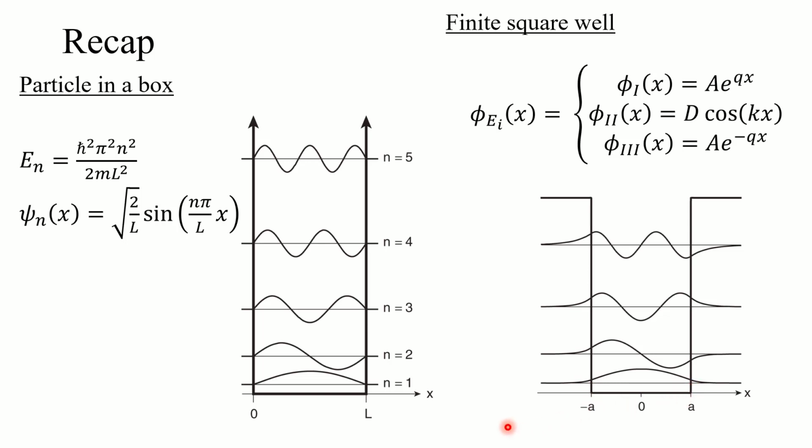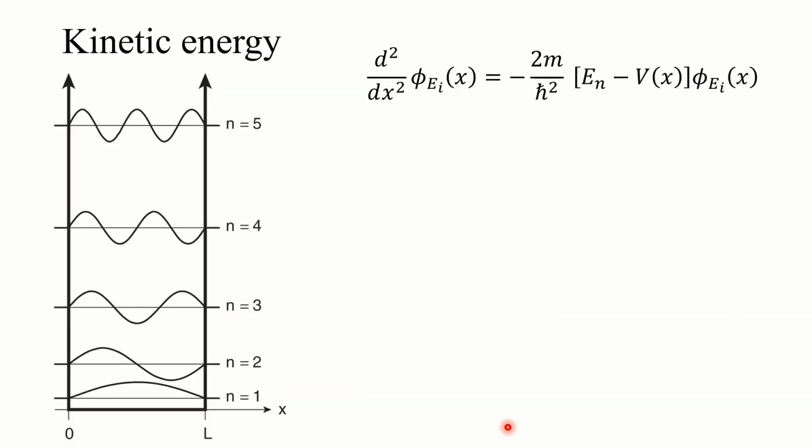Some of the things we can think about, though, if we want to think about kinetic energy, let's look at the infinite well case. We have these sinusoidal solutions increasing in energy as we go up. If we take that energy eigenvalue equation in the position basis and put just the second derivative with respect to position on the left-hand side, bring everything else to the right, we get this.